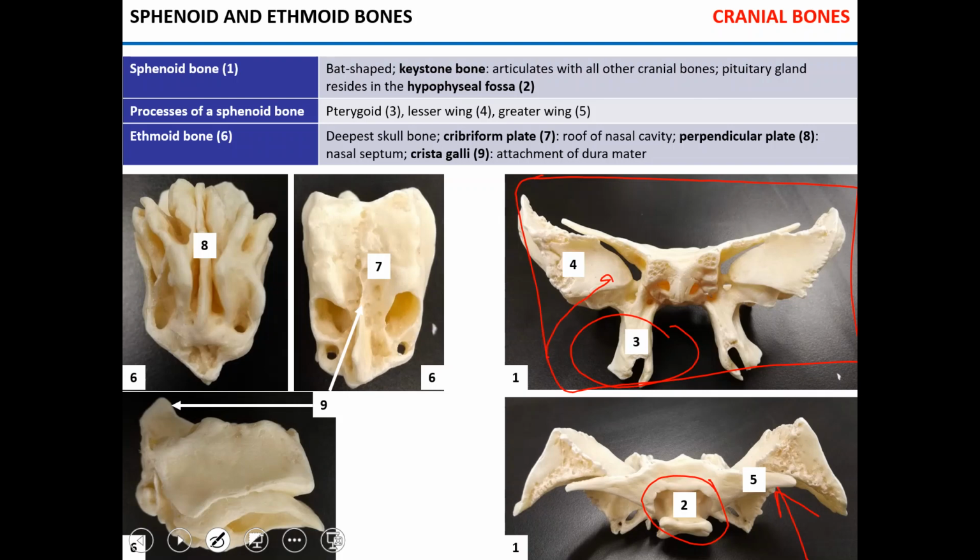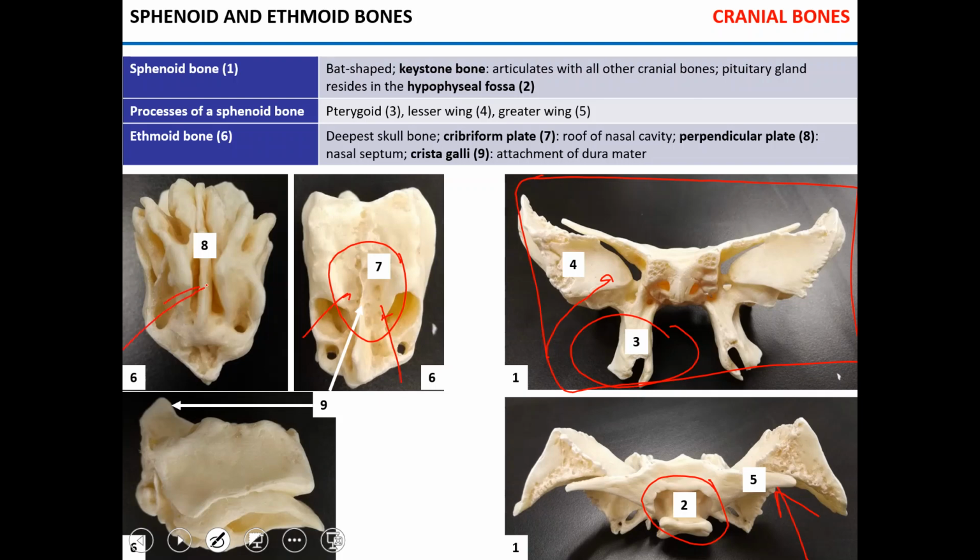Now, ethmoid bone is the deepest bone in the skull. Its cribriform plate forms the roof of the nasal cavity, and you can see the little openings. That's where the filaments of olfactory nerves go through to the olfactory bulb.